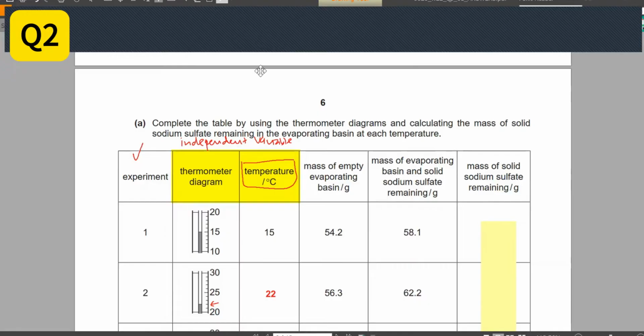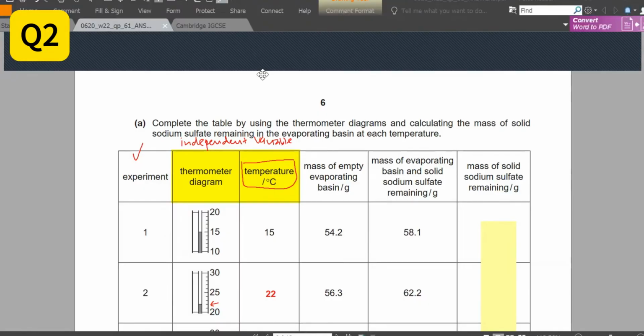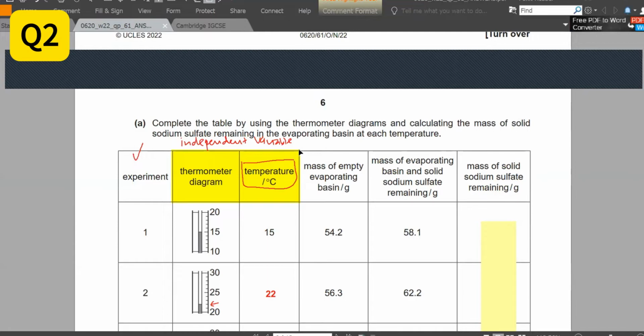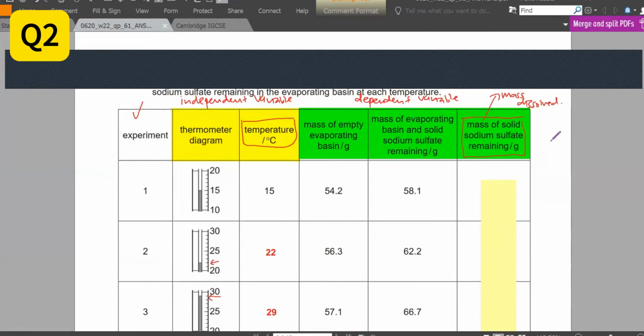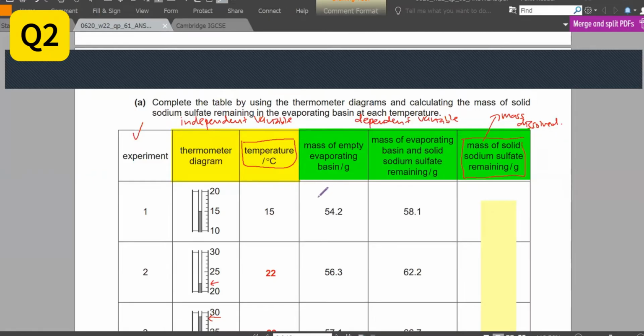And then the remaining 3 columns will be related to the dependent variable. Dependent variable is about mass of solid, so the mass that has been dissolved. So how do we find out the mass that has been dissolved? First, we have the empty evaporating dish, and then we have the evaporating dish that has the sodium sulfate.